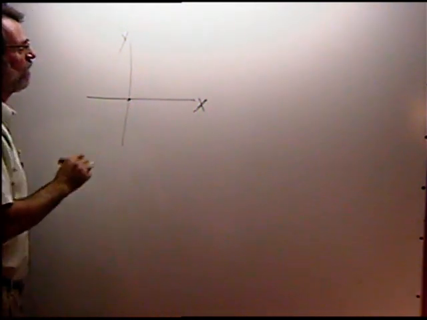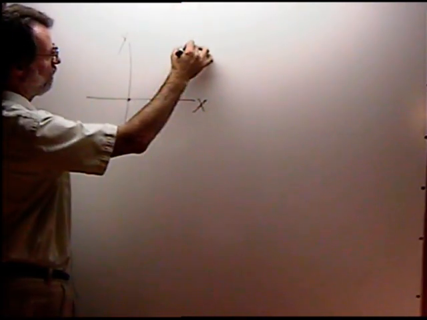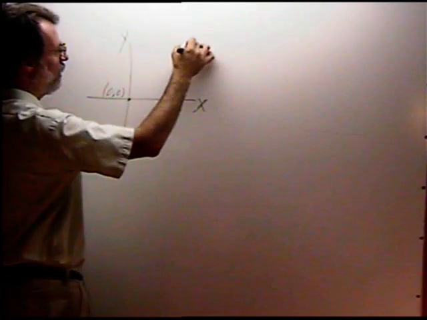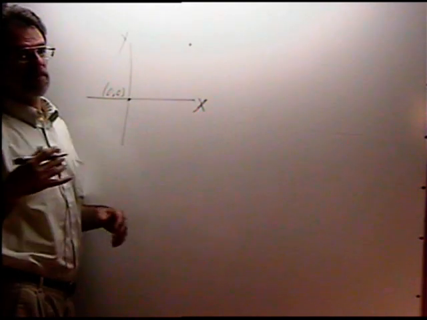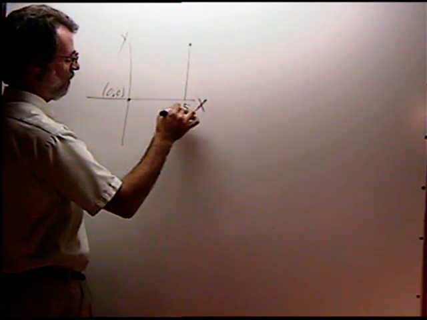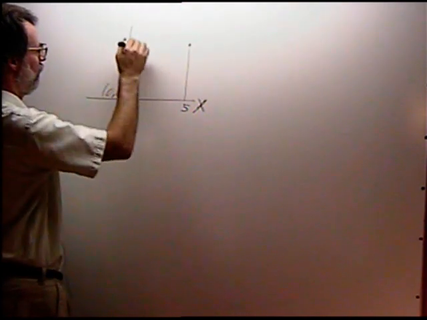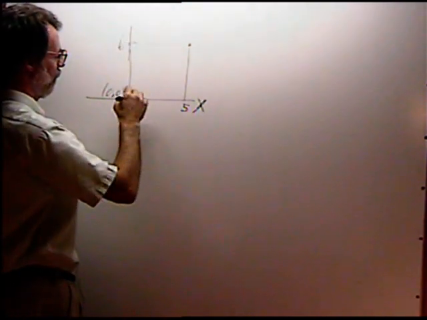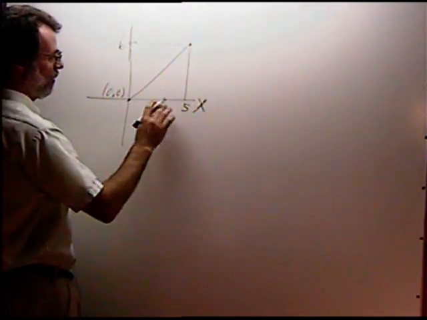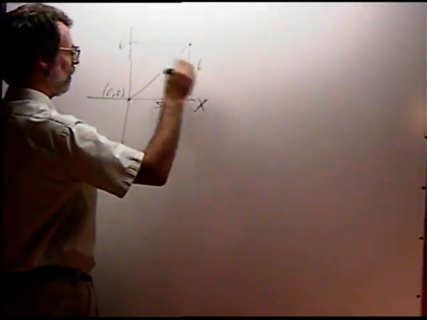Here's the origin, 0, 0. And I have a point out here that, and I'm just going to make this up, is 5 units out here and 6 units here. Okay, and I'm going to draw a straight line to that. So the length of this side is 5, and the length of this is 6.